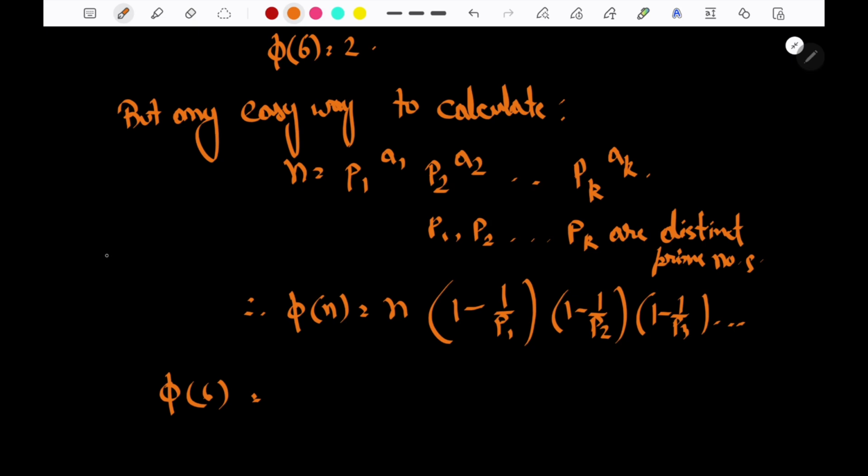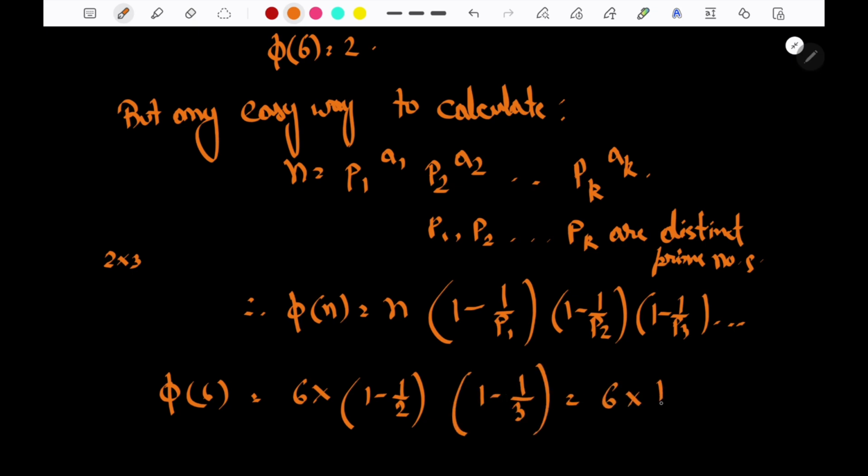So phi of 6: 6 can be written as 2 into 3. So 6 into 1 minus 1 by the first prime factor, 1 minus 1 by the second prime factor. This is 6 into 1 by 2 into 2 by 3, so the answer is 2. And yes, phi of 6 was 2. Super.